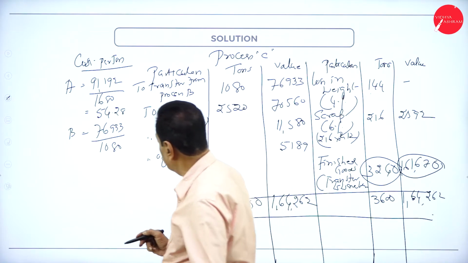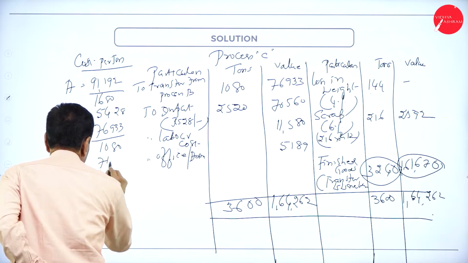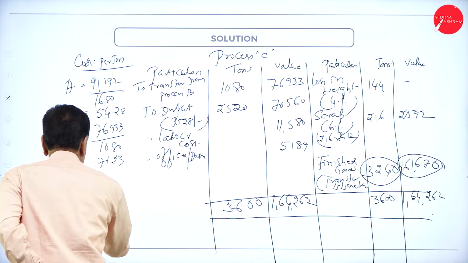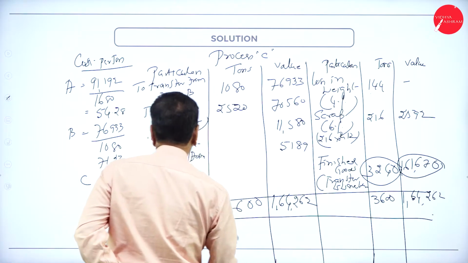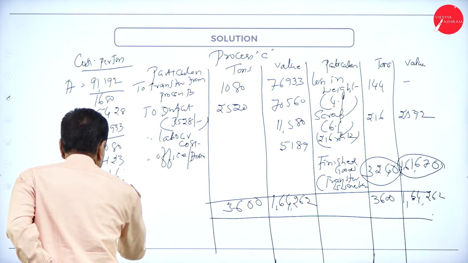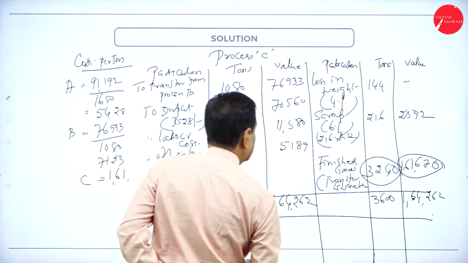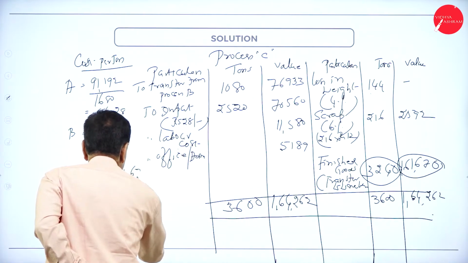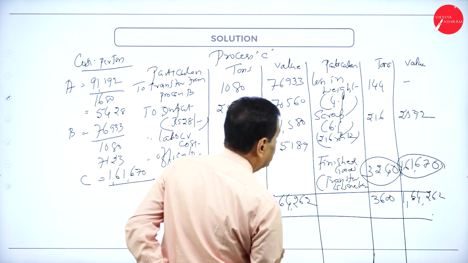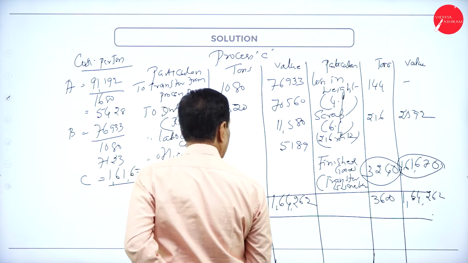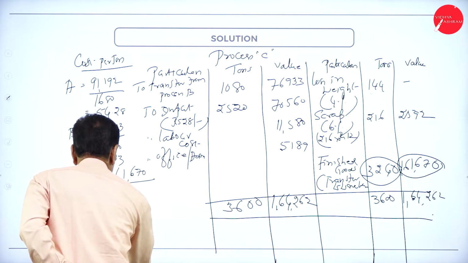So 71.23. Regarding C, 1,61,670 divided by 3,240.